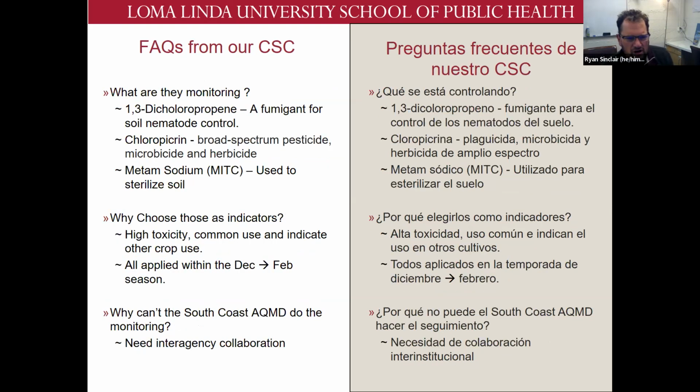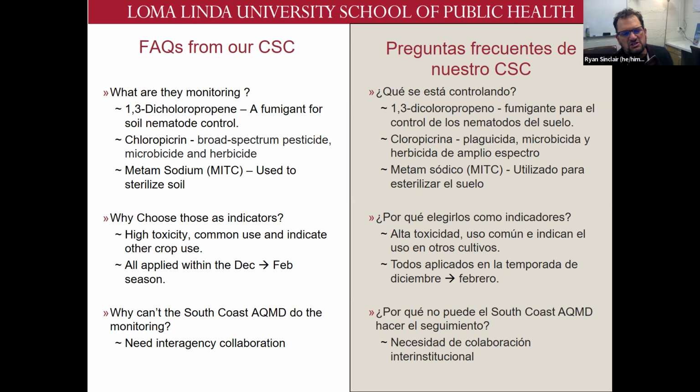So what are they monitoring? This was the hard one because there are so many different pesticides. They chose to monitor 3 that were more or less indicators of a couple of different things: high toxicity, common use, and that they were applied within the same season.